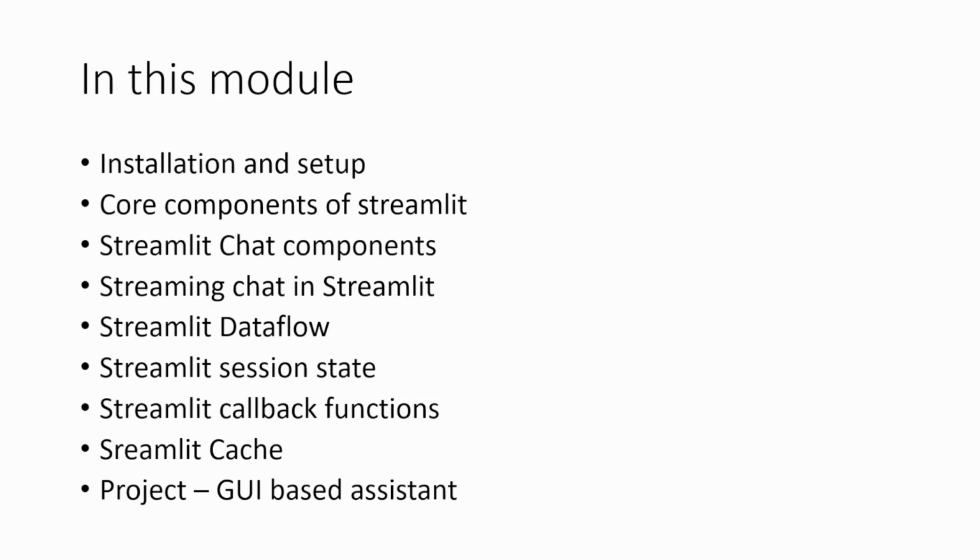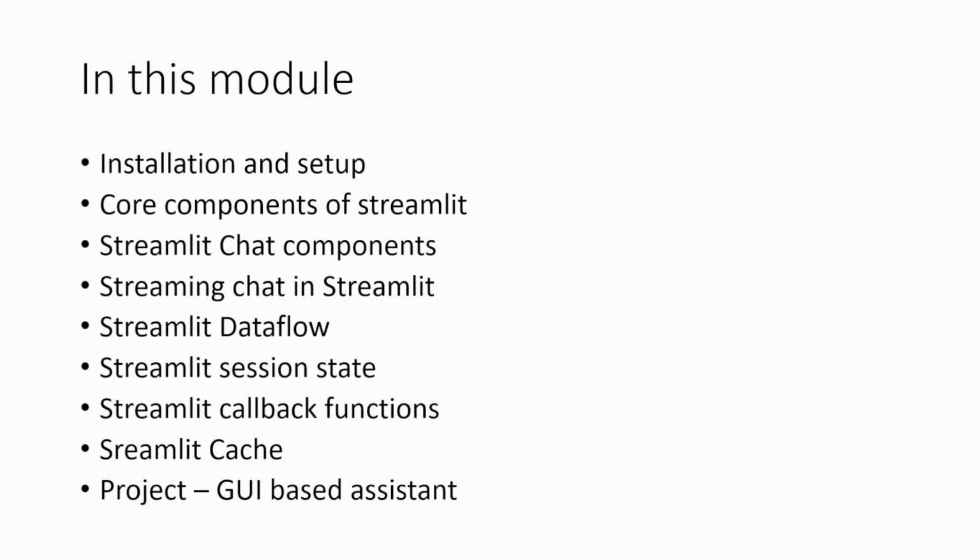Let's have a quick glimpse of what we are going to study in this module. We will first start with installation and setup. We'll study the different core components of Streamlit, and Streamlit's chat components. These were introduced by Streamlit because these days it is mainly used to create conversational chatbots.